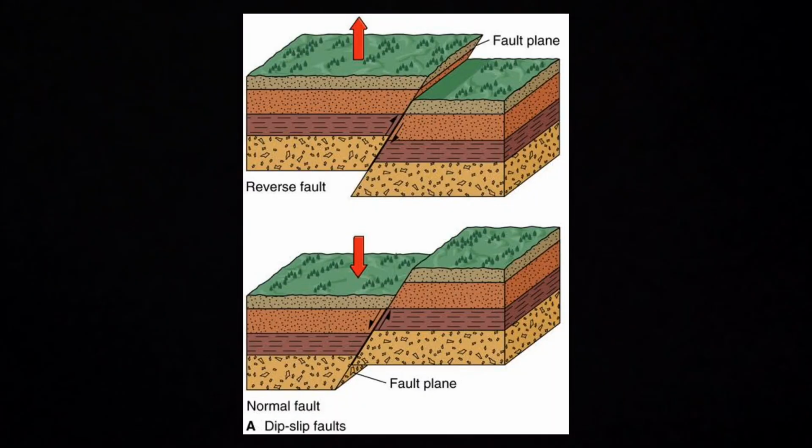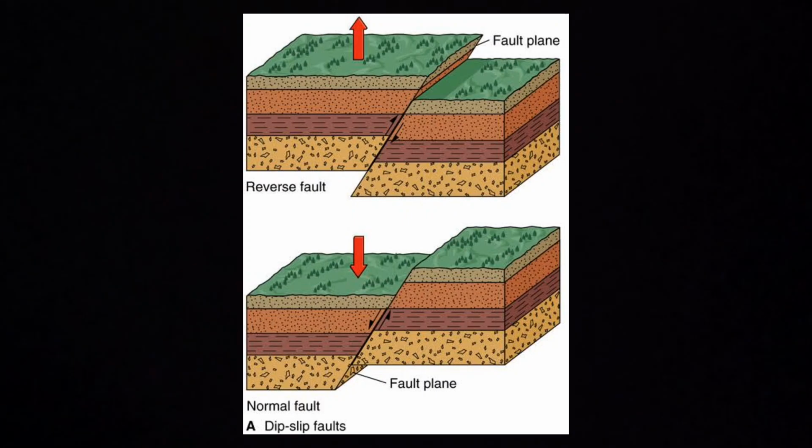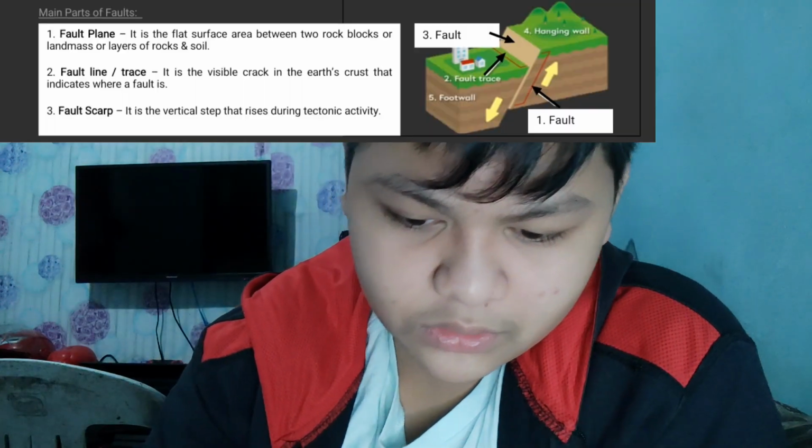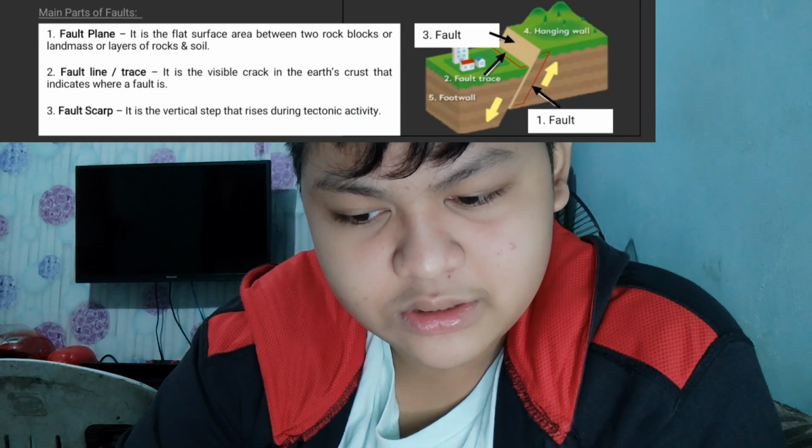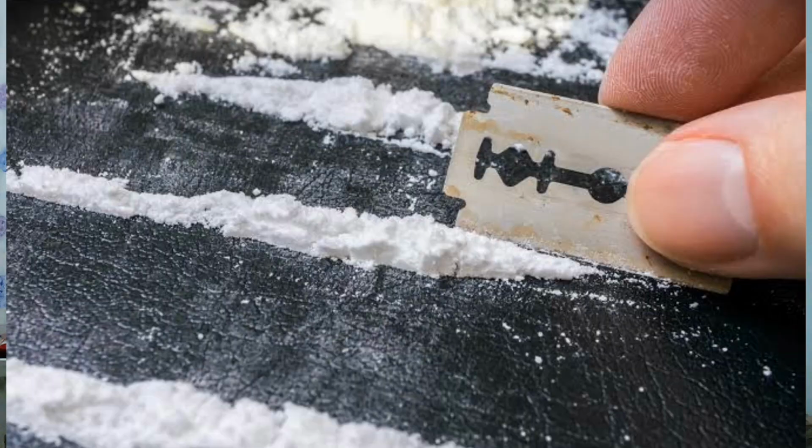It is just the flat surface area above the rocks. The second main part of a fault is called the fault line or trace. It is the visible area of the Earth's crust that indicates where the fault is. It's basically like the crack, where the crack is.